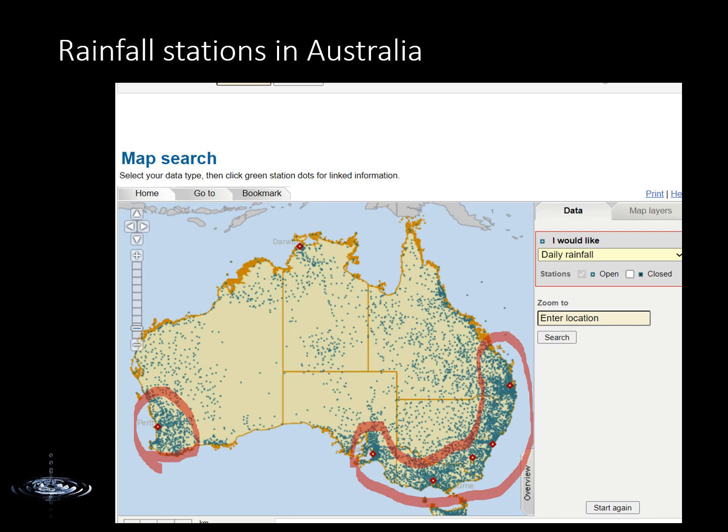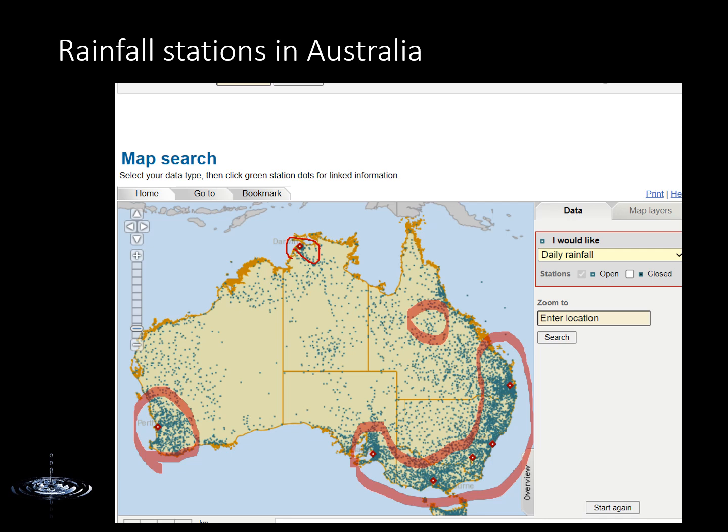Now, if you want to design some water infrastructure in this area, then obviously you are going to use the rainfall data from that location. If you design something here, you use the rainfall station data from that particular location.